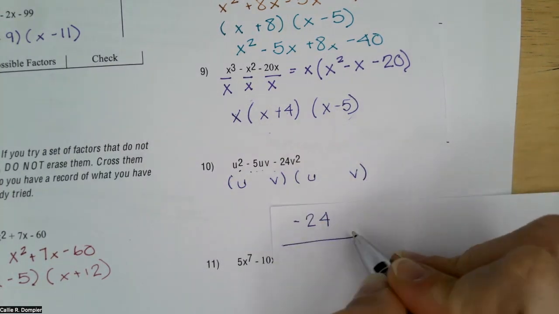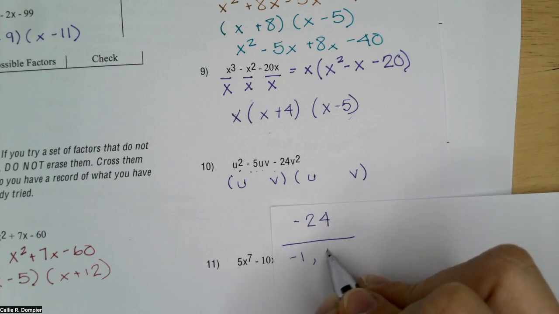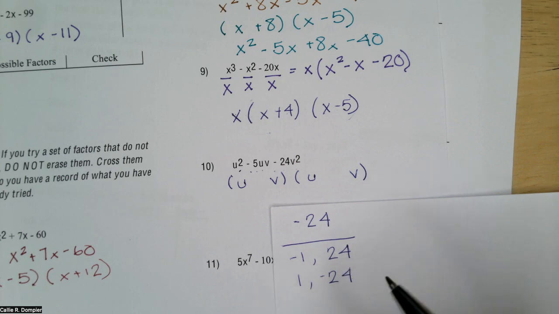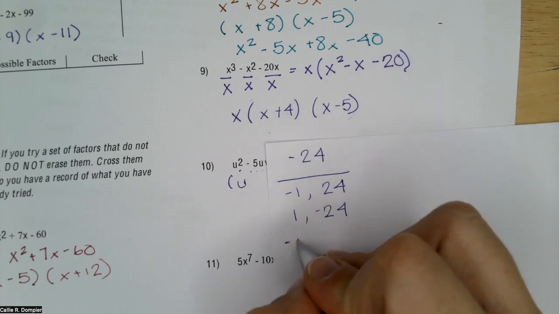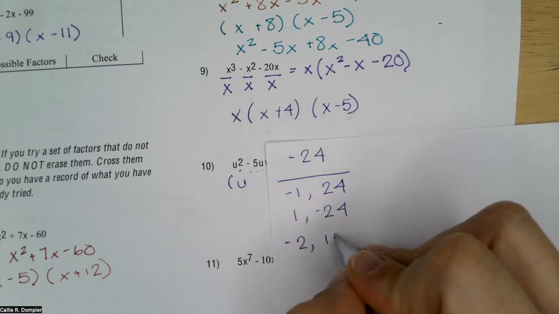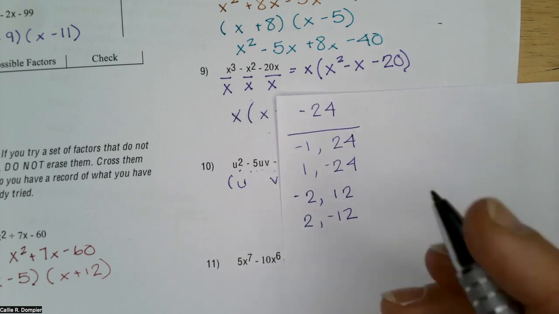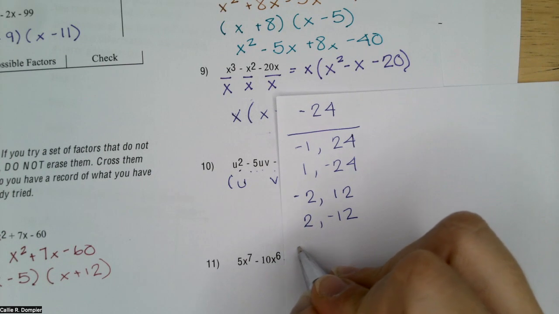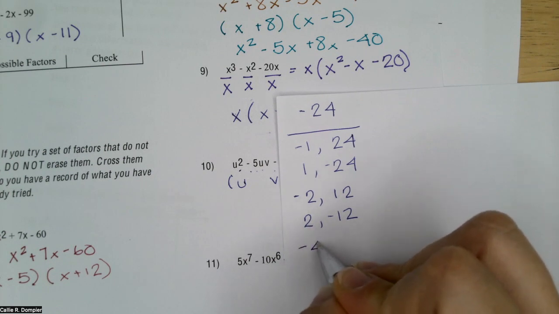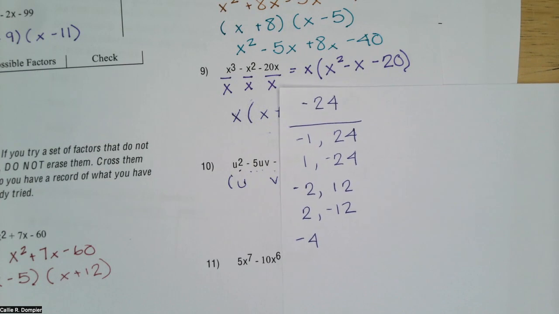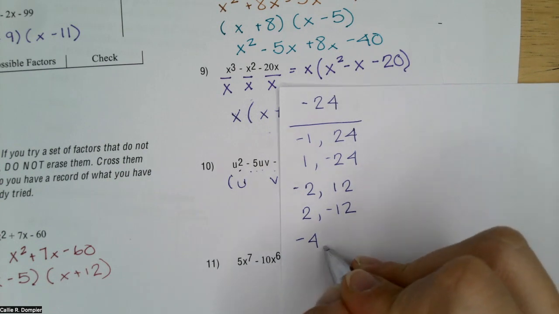Negative 24 could be negative 1, positive 24, positive 1, negative 24, negative 2, positive 12, positive 2, negative 12. 24 divided by 4 is 6.